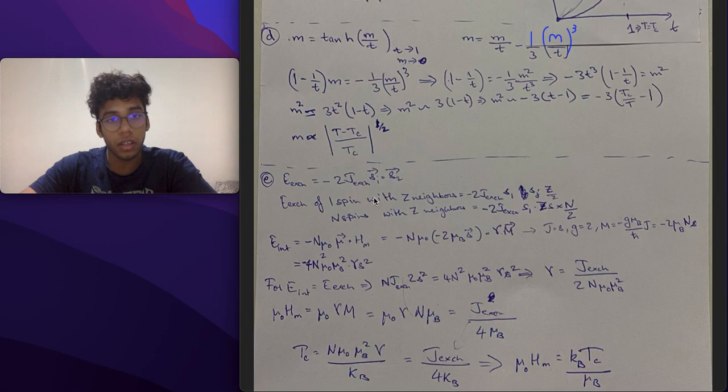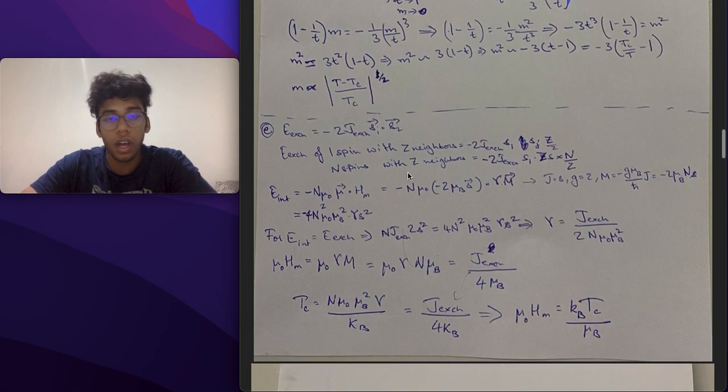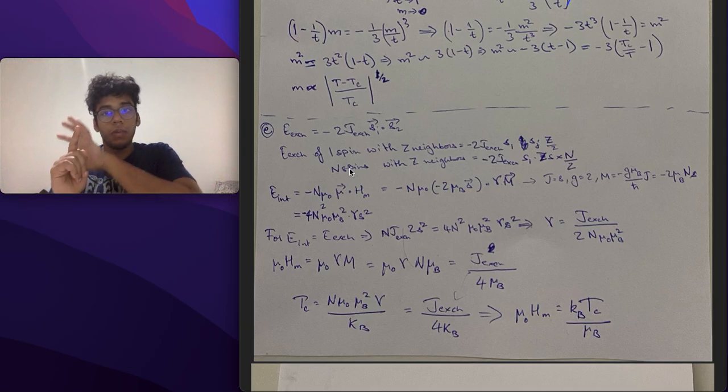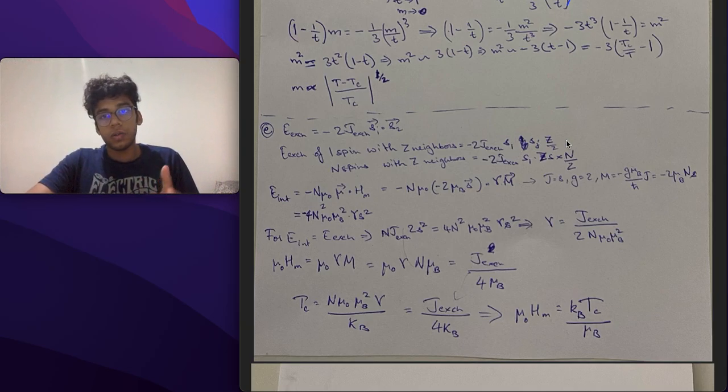But one thing here, we introduce exchange energy given by minus 2J times S1 times S2. For one spin with z neighbors, you have minus 2J S1 S2 times z by 2, and for n spins with z neighbors, you have minus 2J exchange S1 S2 times z times n by 2.